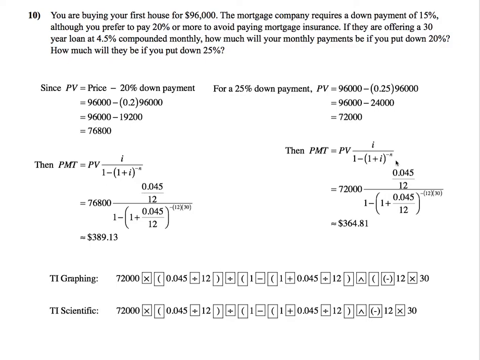It just looked like it was the easiest to enter. Now I didn't find out what the i was first, although that would simplify our calculations.